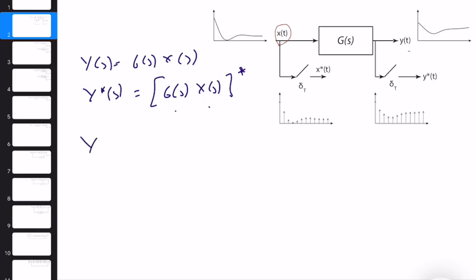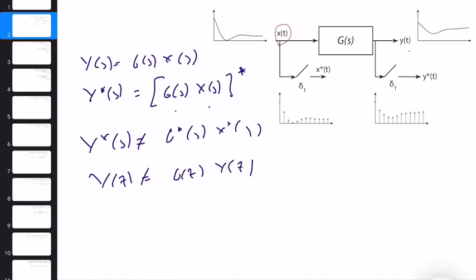Unfortunately, in general, almost surely, y star of s is not equal to g star of s, x star of s, or y of z is not equal to g of z, x of z. So unfortunately, we cannot write that.